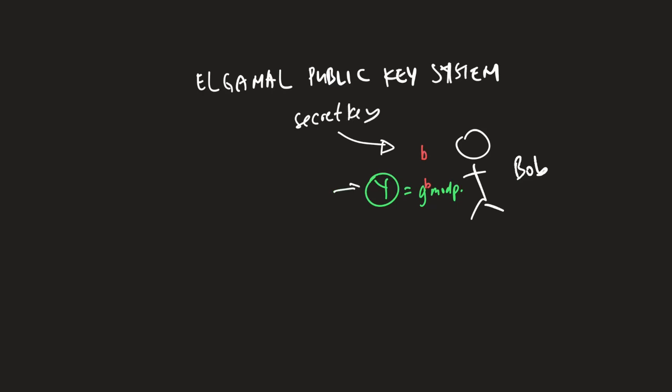And then this Y is Bob's public key, which he can tell everybody: hey, if you need to send me a secret message, anyone is welcome to use this public key.